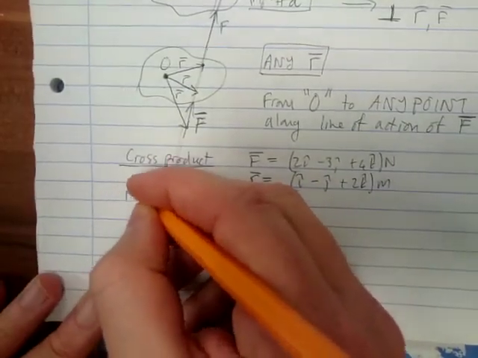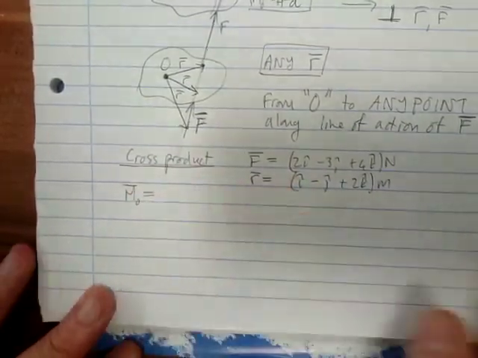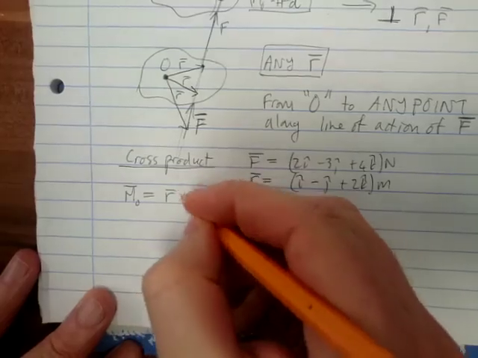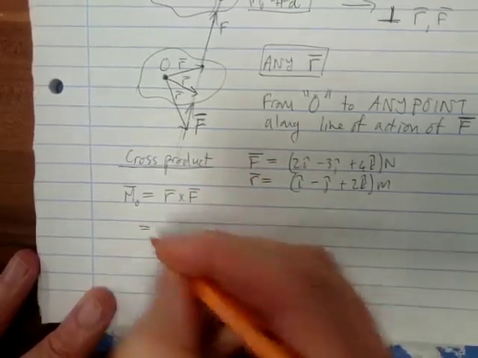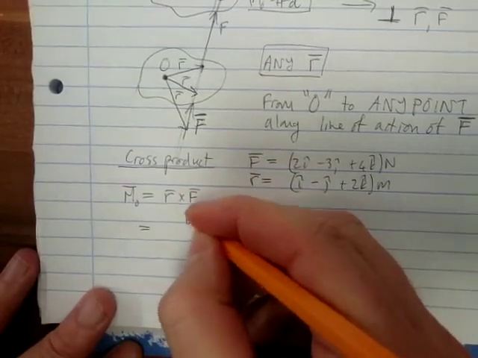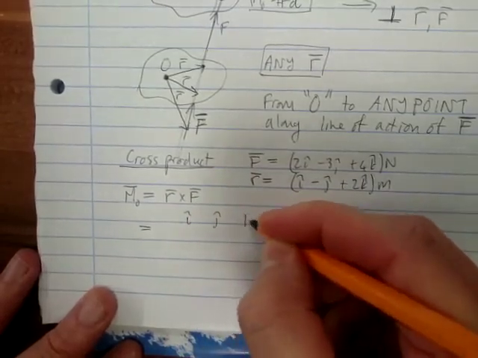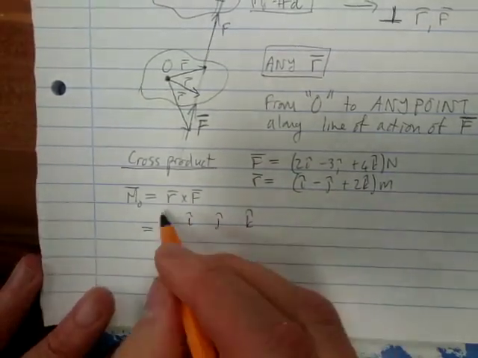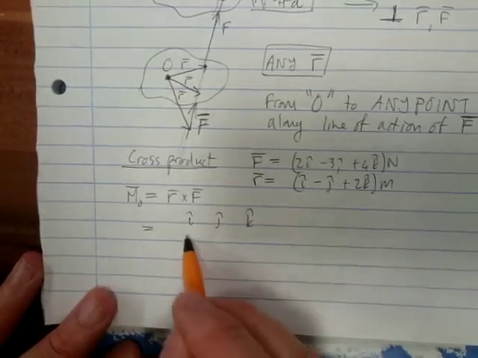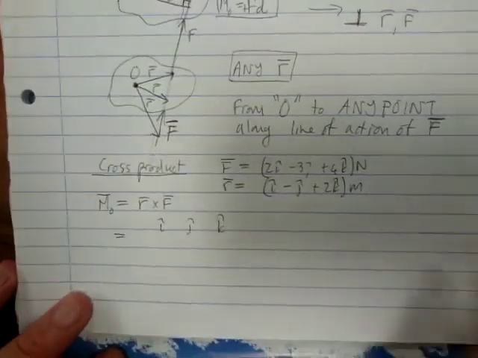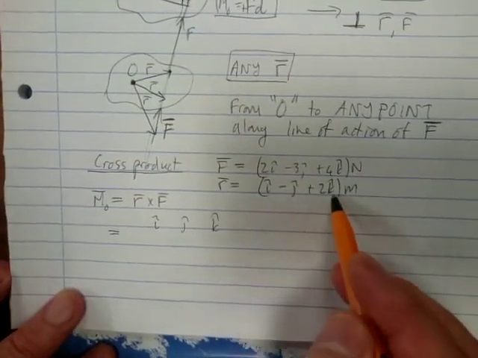But the resultant moment equal to R cross F is equal to the determinant. So we go i, j, k. We put in R in the first row, the components of R. So we've got i minus j plus 2k.